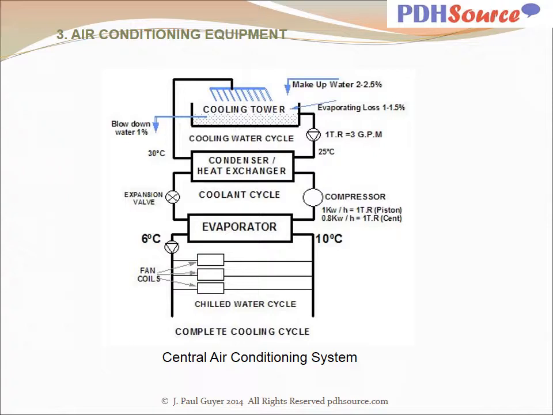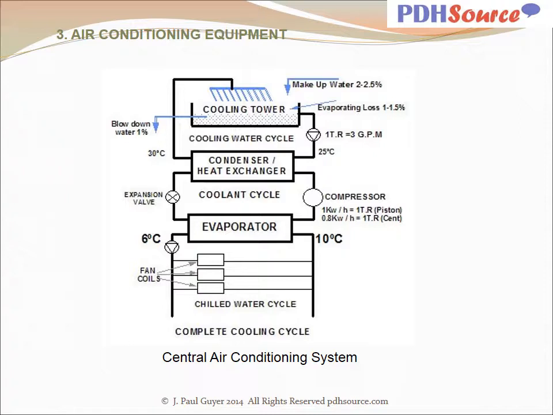So instead of return air passing through the evaporator, in this system you are pumping water through the evaporator, and in the evaporator the water comes into contact with the cold refrigerant coil, and the water is cooled, so chilled water comes out of the evaporator.